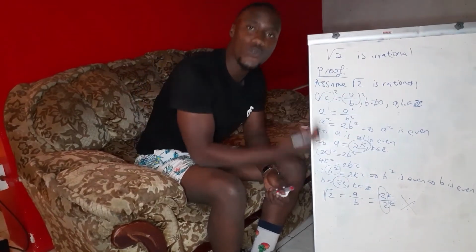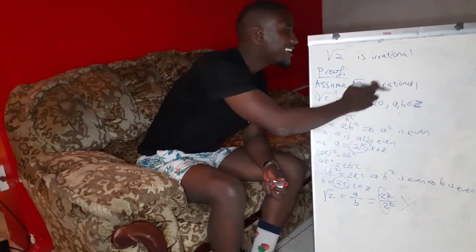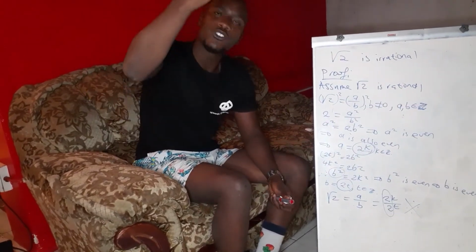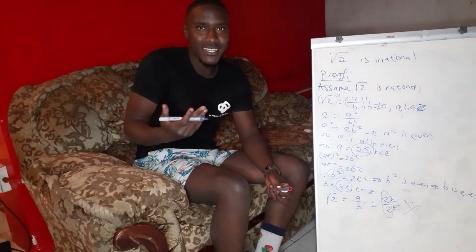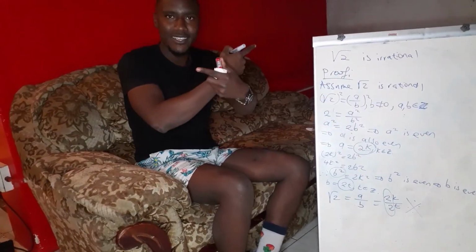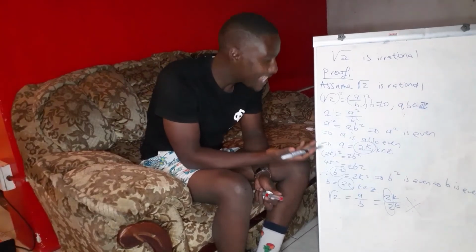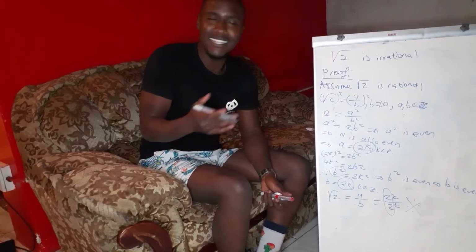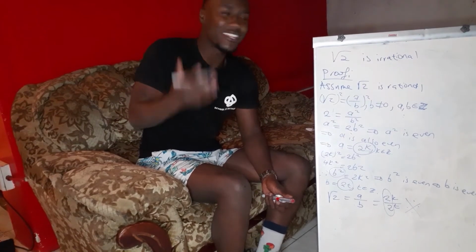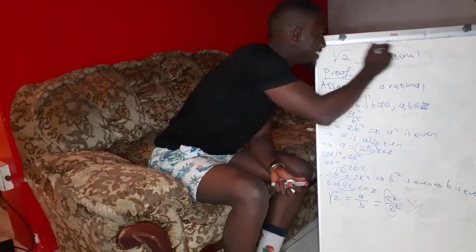So that is how we prove that square root of 2 is irrational: by assuming first that it's rational, and somewhere in our proof we get a contradiction with the rules of mathematics. That shows it cannot be rational, which implies by default that it's irrational. So that is one of the proof techniques that I wanted to show you guys.